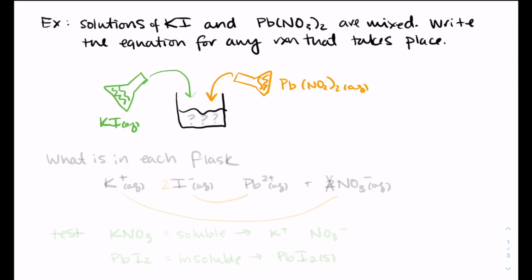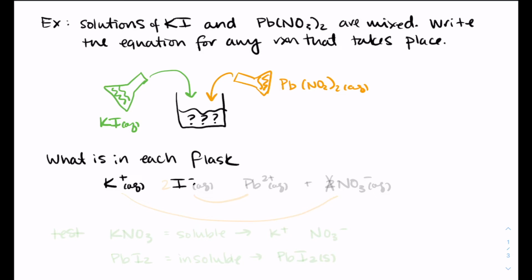So potassium iodide solution: one, I told you it was a solution, so you know that it was dissolved. Two, you could look it up in the solubility rules and confirm that potassium iodide is dissolved in the solution. That means, because this is an ionic compound, that it exists as K+ ions and I- anions.